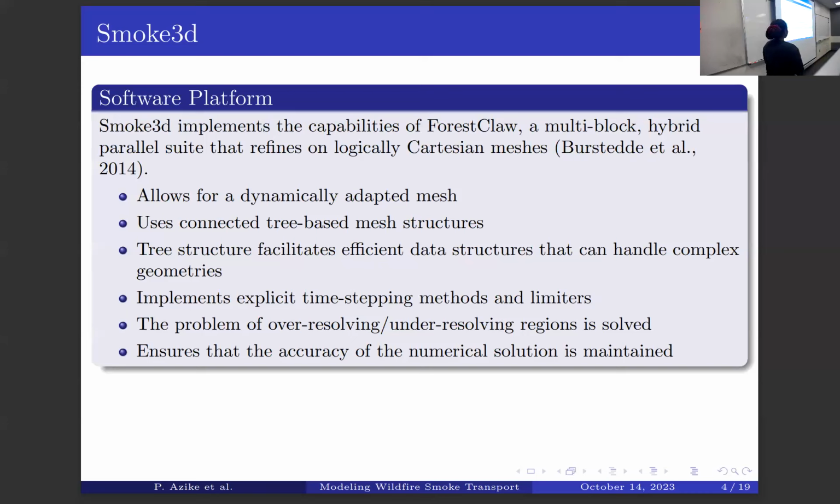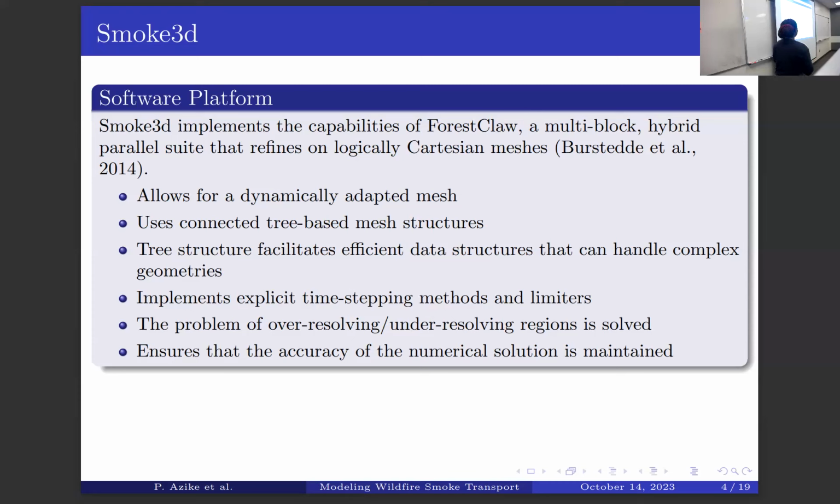AMR allows for a dynamically adapted mesh that targets sensitive regions of the domain and refines to a higher precision where the solution is rapidly changing or coalescing. One good thing about AMR is the structure creates a hierarchy of non-overlapping meshes, which are stored as leaves in connected tree-based mesh structures known as quadtrees or octrees.